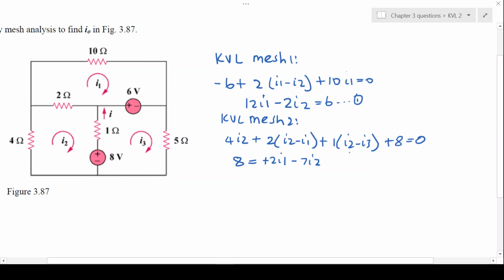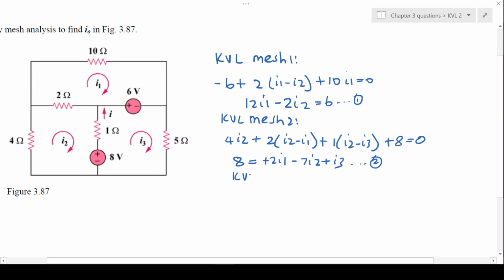And then for I3, we have one value, which is negative I3, but moving to the other side it will be positive I3. So that's minus 2 I1... -7 I2 plus I3 gives you 8, and this is our second equation.